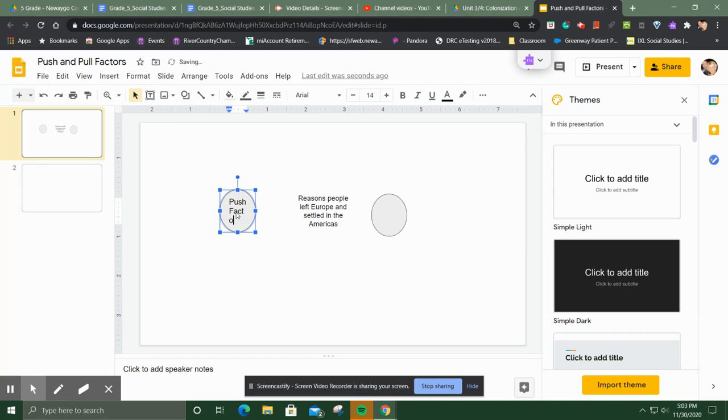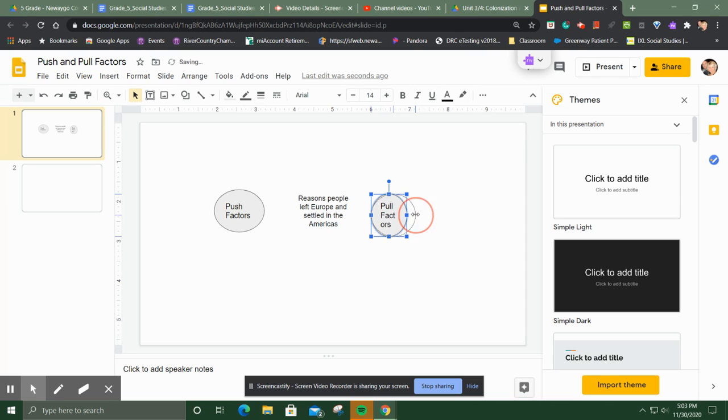Push factors. We're going to have to make this a little bigger so factors fits in there. And then pull factors.